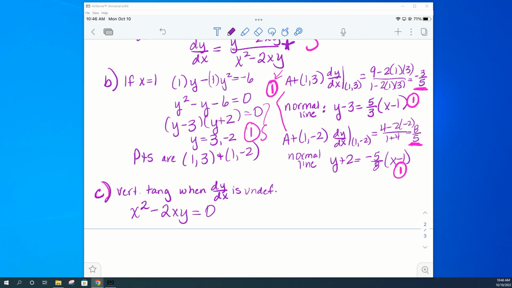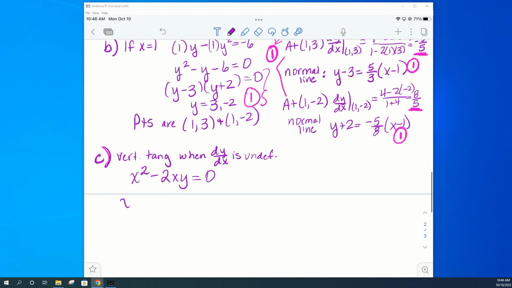Now, this one's weird, and I think this one's hard. If I factor an x out, I get x equals 0, or x equals 2y. Now let me read the question again. Find the x-coordinate of each point where the tangent line is vertical. So it looks like 0 is an answer.